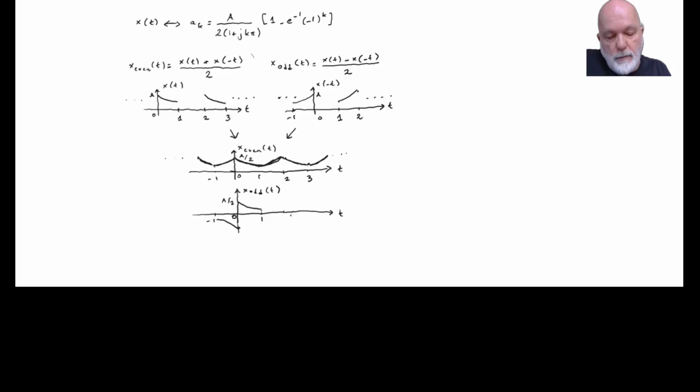From 1 to 2, again we are going to have the same behavior. So we will have such a signal as the odd part, 2 to 3, and so on. We have the periodic extension.